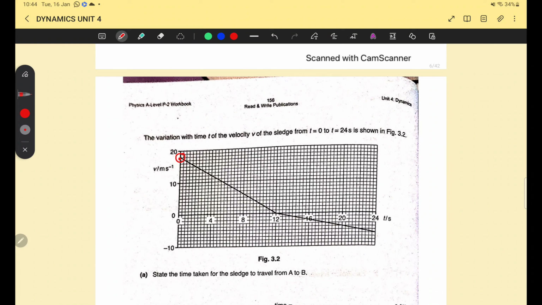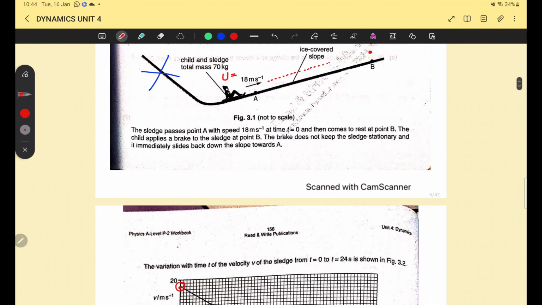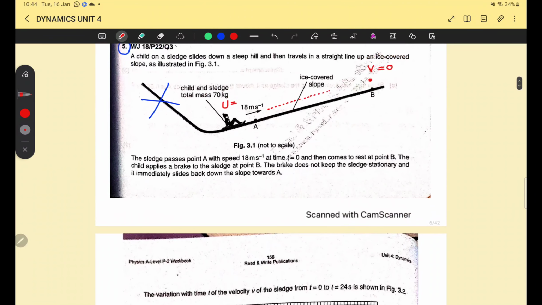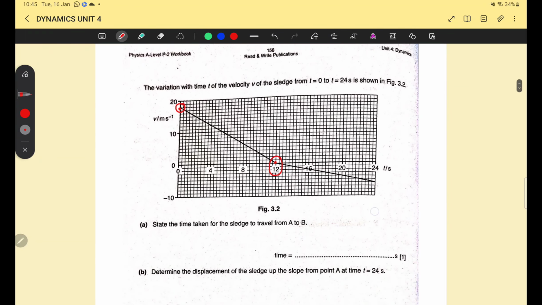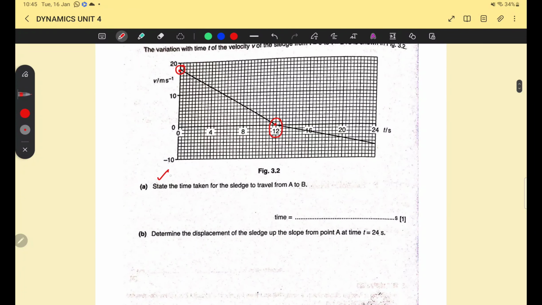Initial velocity 18, and as the child is moving towards B, she is decelerating, and final velocity will be 0. The first part of the question is to state the time taken for the sledge to travel from A to B. This is position A, this is position B. At position A, velocity is 18.